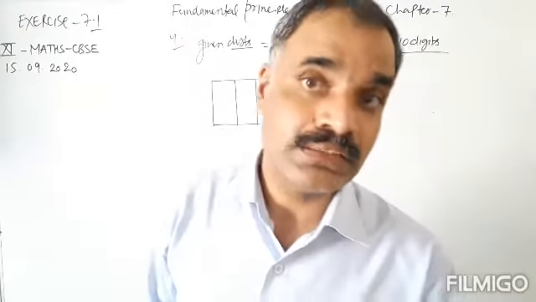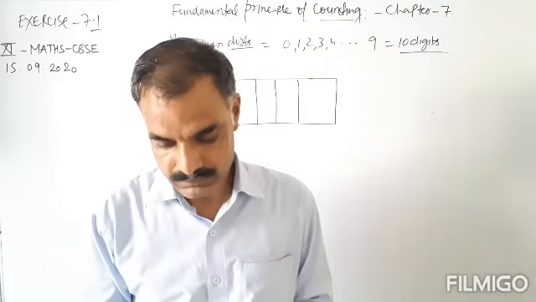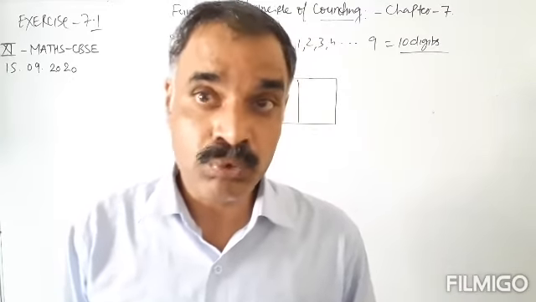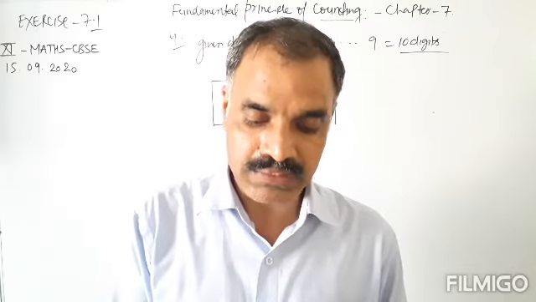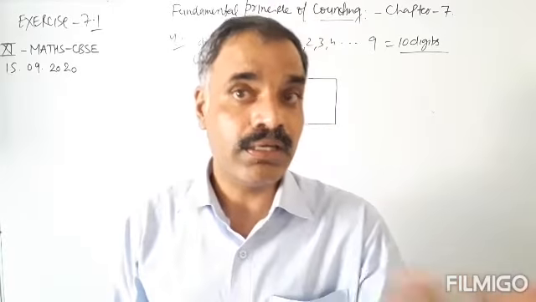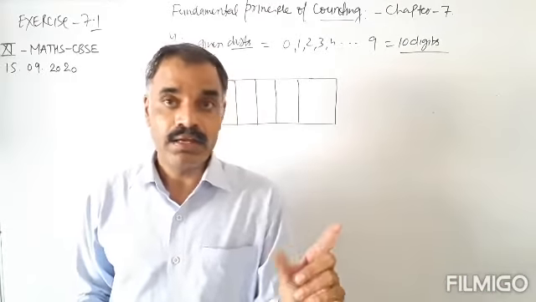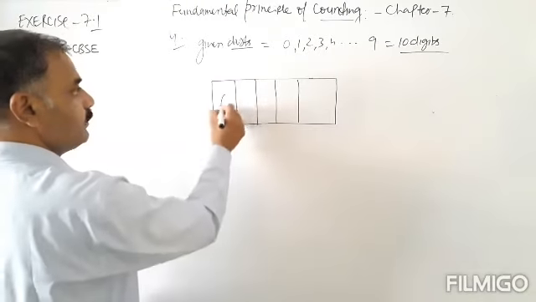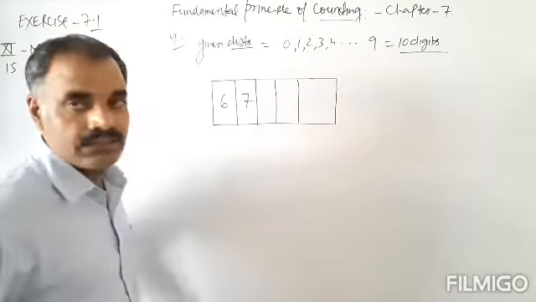But one more condition is there: each telephone number starts with 67 and no digit is repeated more than once. So no digit is repeated and the telephone number starts with 67.